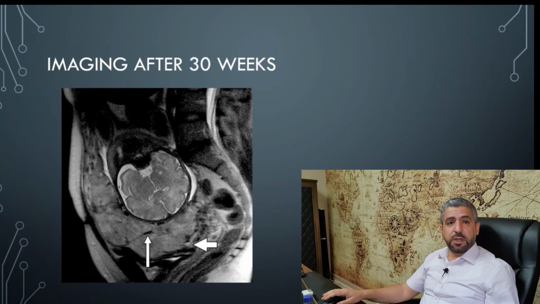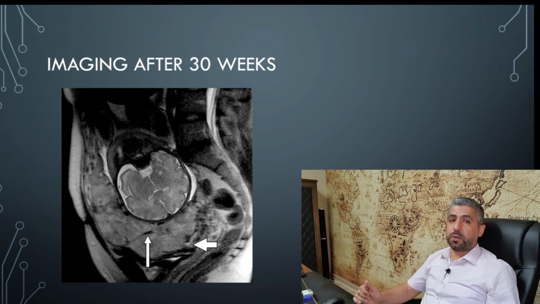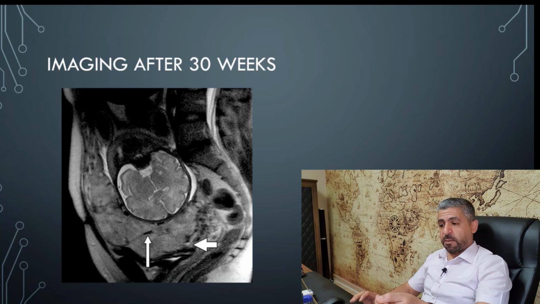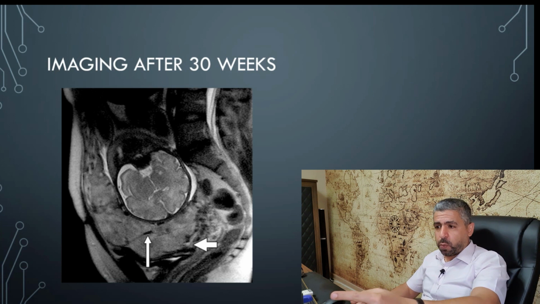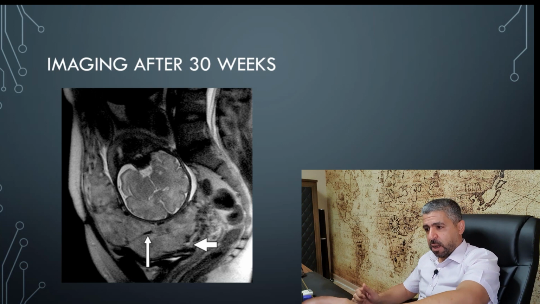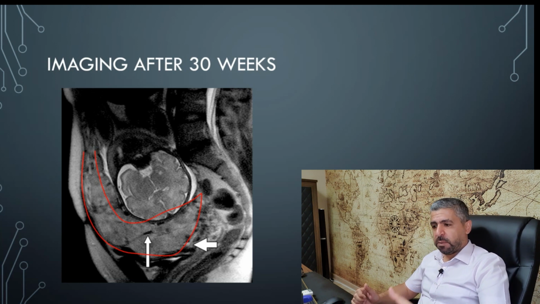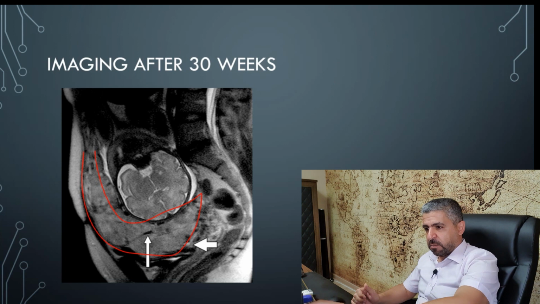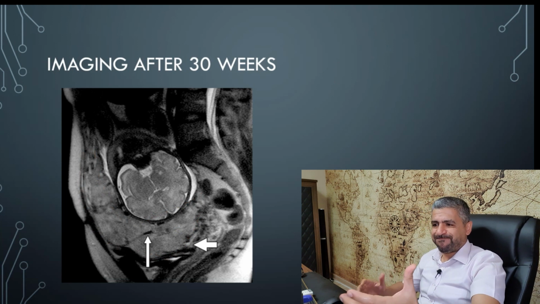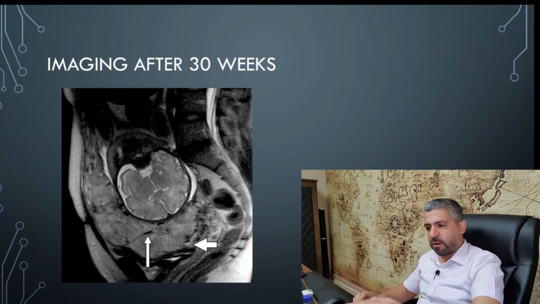And another imaging pitfall: if we do the MRI images after 30 weeks of gestation, we said the proper timing would be between 24 to 30 weeks of gestation. So, for example, after 30 weeks, in this MRI image, we saw that the placenta was previa, of course, but there are no definite signs of invasion.